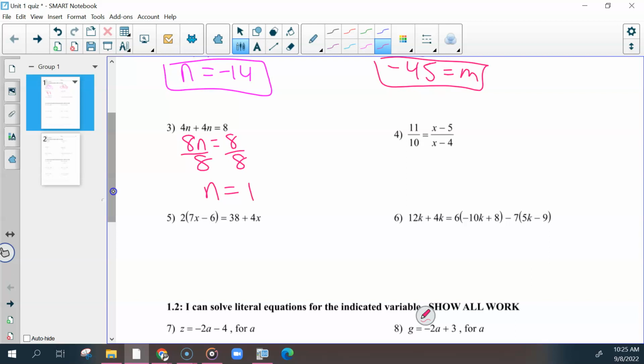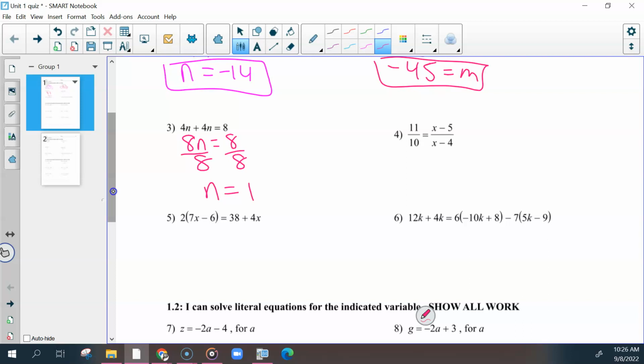N equals 1 was the final answer for that one. I did see some moving a 4n over, which is fine, but you'd have to move it back because you wouldn't be able to combine those. Be careful with your math. Also, I saw some zeros here instead of 1, so just double check your math. Questions on that one?